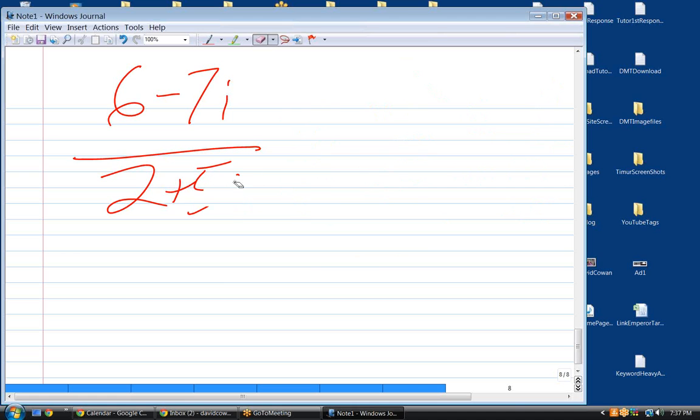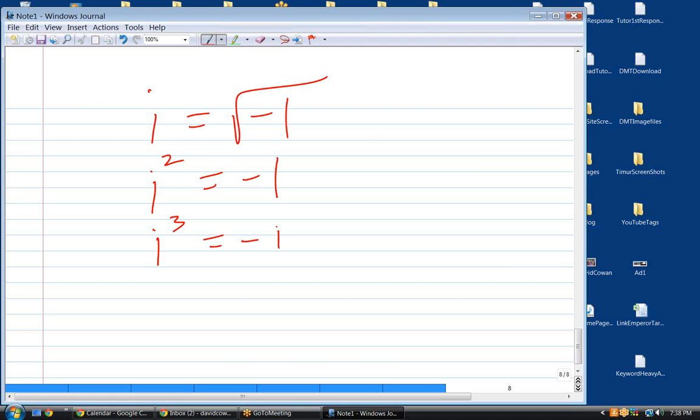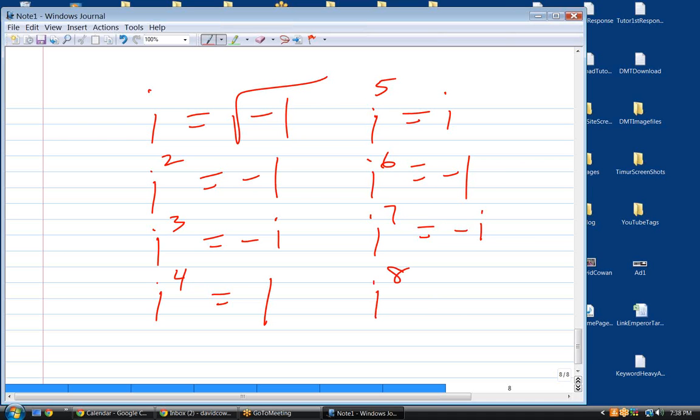There's not much more to know about imaginary numbers except for one thing. The powers of i cycle, then it repeats. Every 4 repeats. i to the 5th is equal to i, i to the 6th is equal to minus 1, i to the 7th equals minus i, and i to the 8th equals 1.